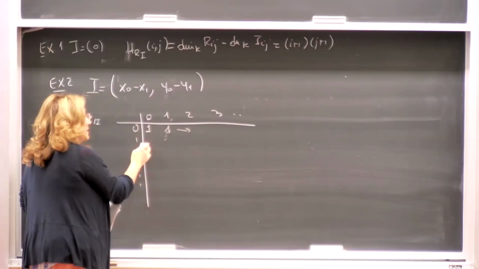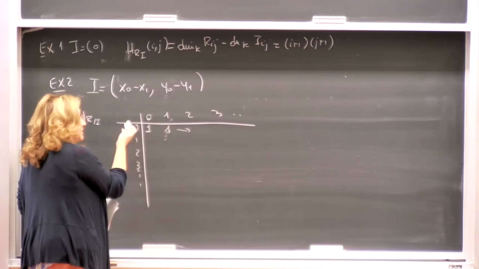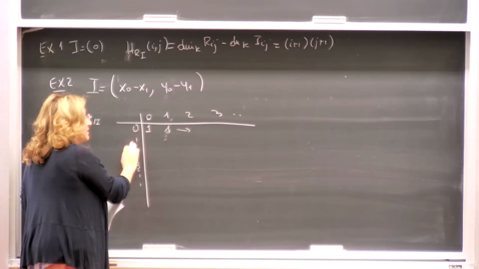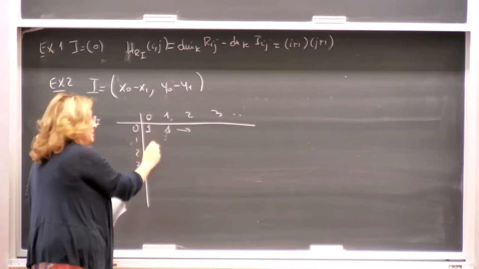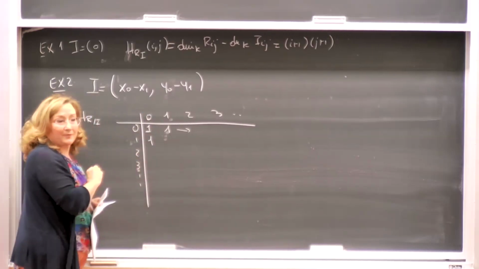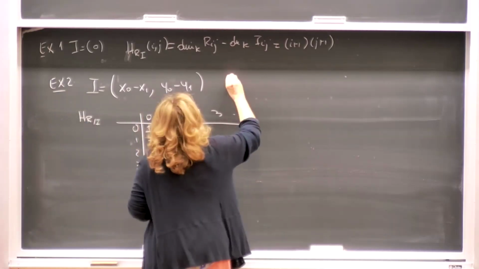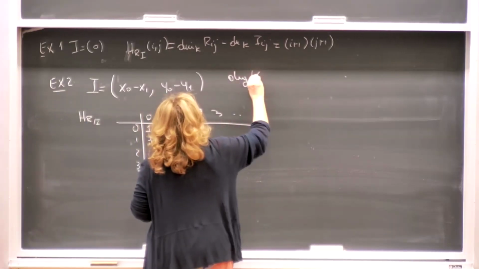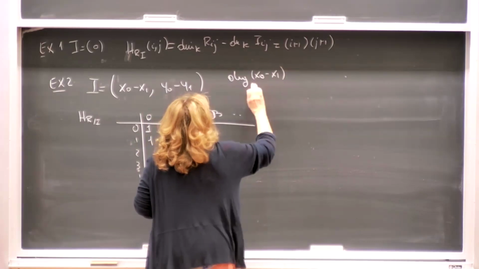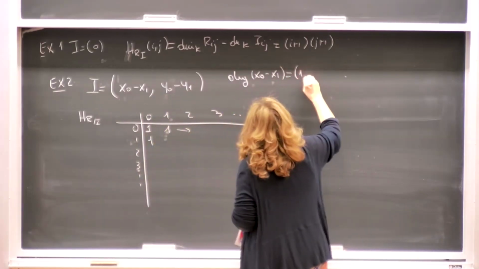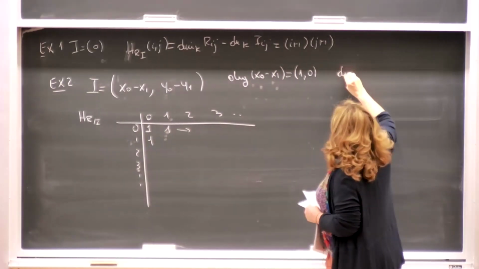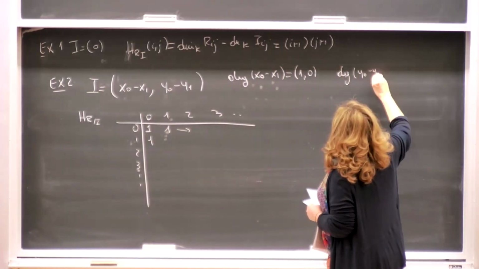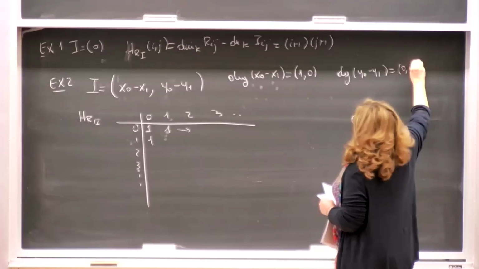How many monomials in degree 1, 0? In degree 1, 0, we have 2 minus 1, it's 1, okay? Do you agree that the degree of x0 minus 1 is 1, 0, and that the degree of y is 0, 1?